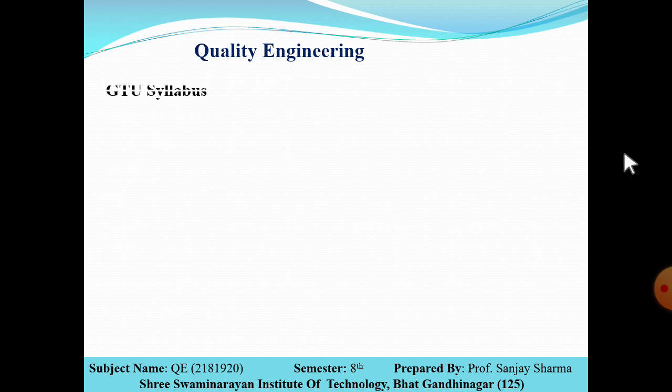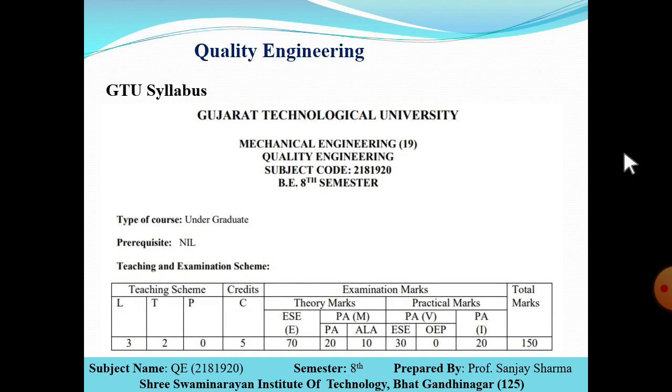So first of all, let us see the teaching scheme pattern. You have the end semester exam of 70 marks, progressive assessment in the mid exam of 20 marks, and progressive assessment for the viva of 30 marks.